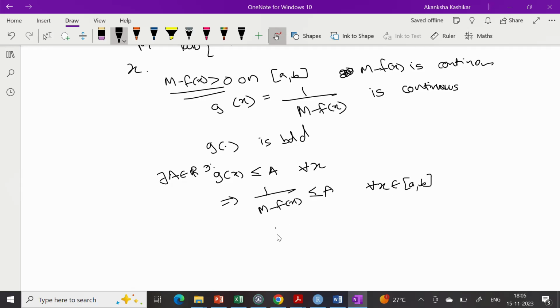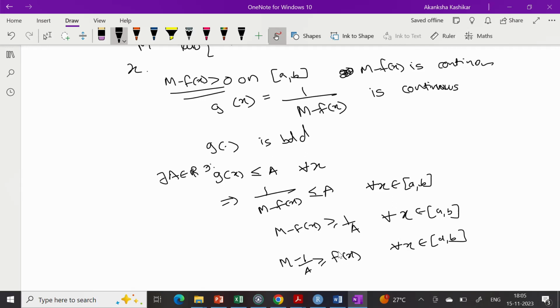So this would imply M minus f(x) is greater than or equal to 1 by a for every x in [a, b]. This would imply M minus 1 by a is greater than or equal to f(x) for every x in [a, b]. So M minus 1 by a now becomes an upper bound for f(x), because it is larger than or equal to f(x) for every x.